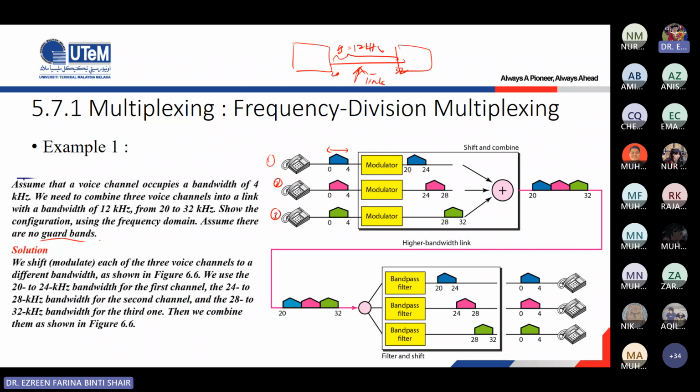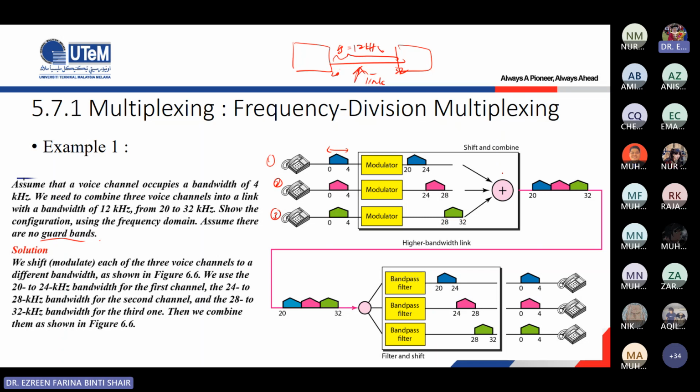For the first signal, the output frequency varies from 20 to 24 because the FC1 is lower. For signal 2, we use a higher FC2 compared to FC1, so at the output the frequency is 24 to 28. The third one is 28 to 32.